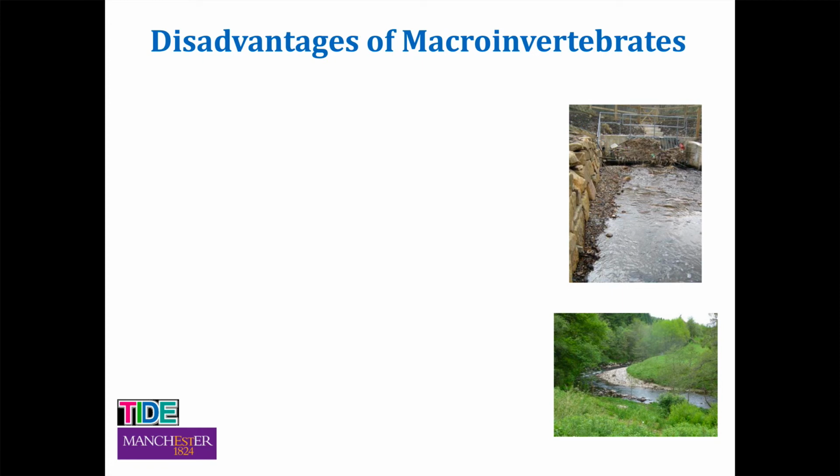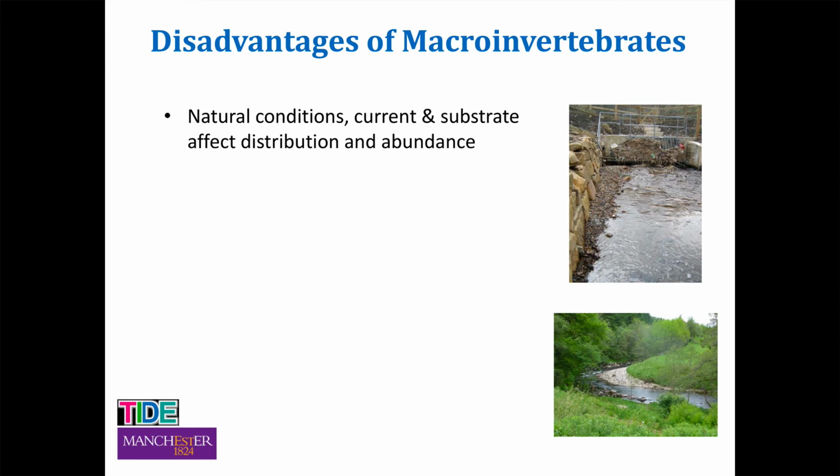However, there's some disadvantages. Under natural conditions, currents and substrates, some of those might still affect the distribution and abundance. It might be a natural change that's happened, not a human modified change.